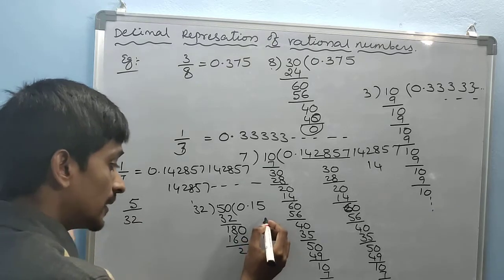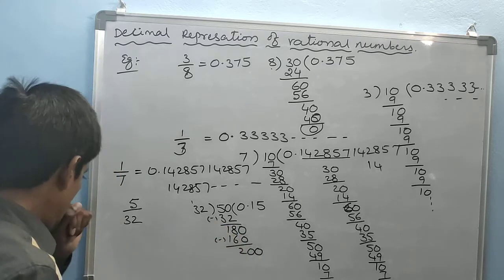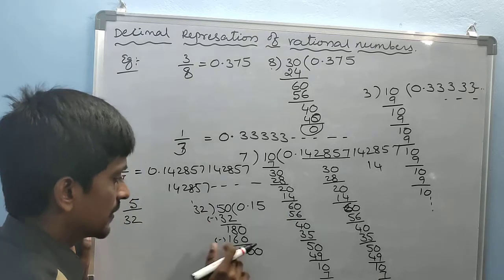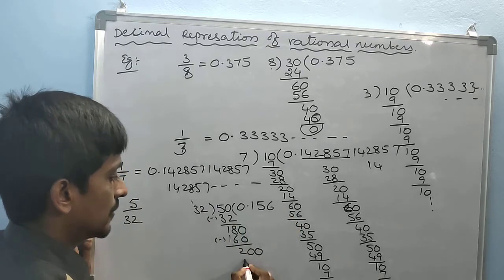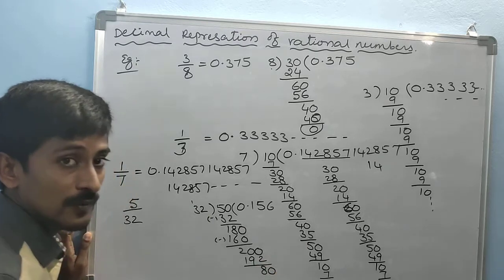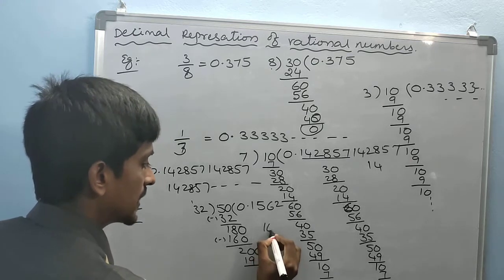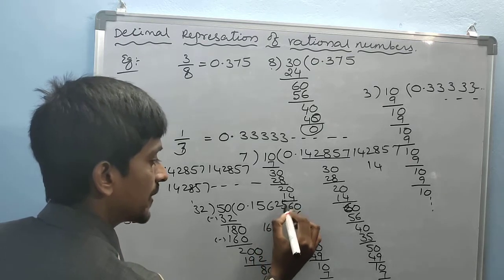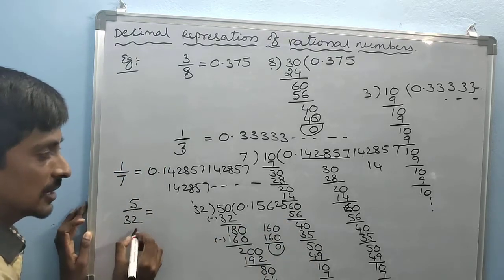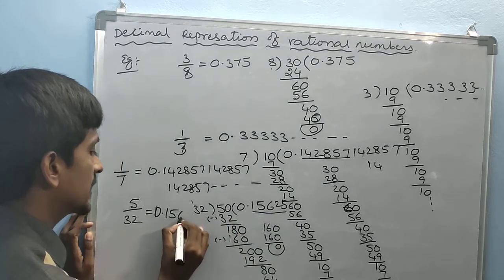Okay, again 0. 180 minus 160, 20, 200. 32, how many times? 6 times, 192. Remainder is 8, 0. 2 times 64, 16, 0. 5 times 160, 0. So 5 by 32 equals to 0.15625.